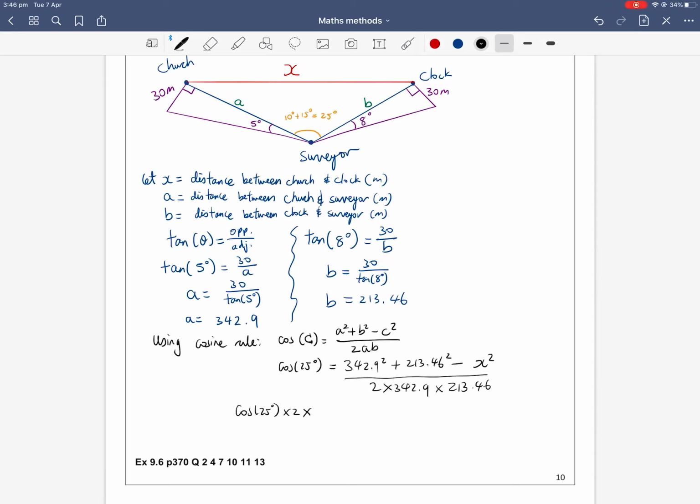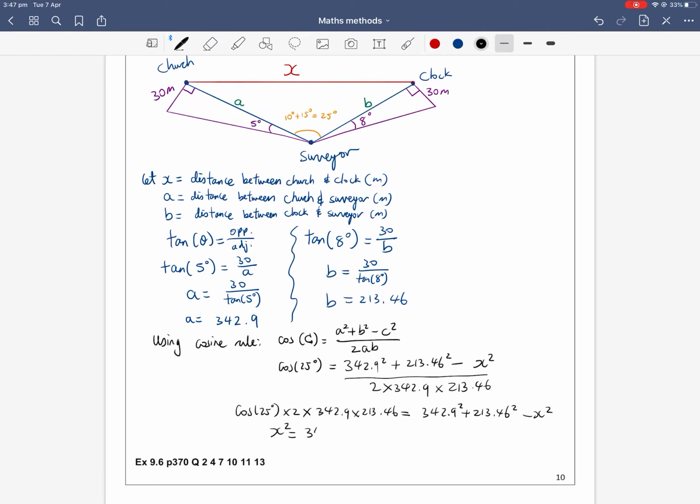So cos of 25 degrees times 2 times 342.9 times 213.46 is 342.9 squared plus 213.46 squared minus x squared.